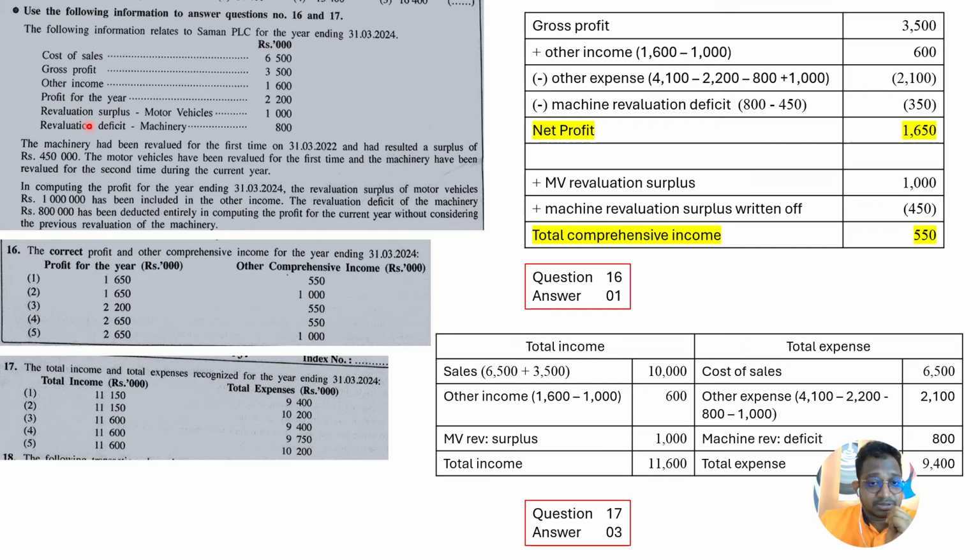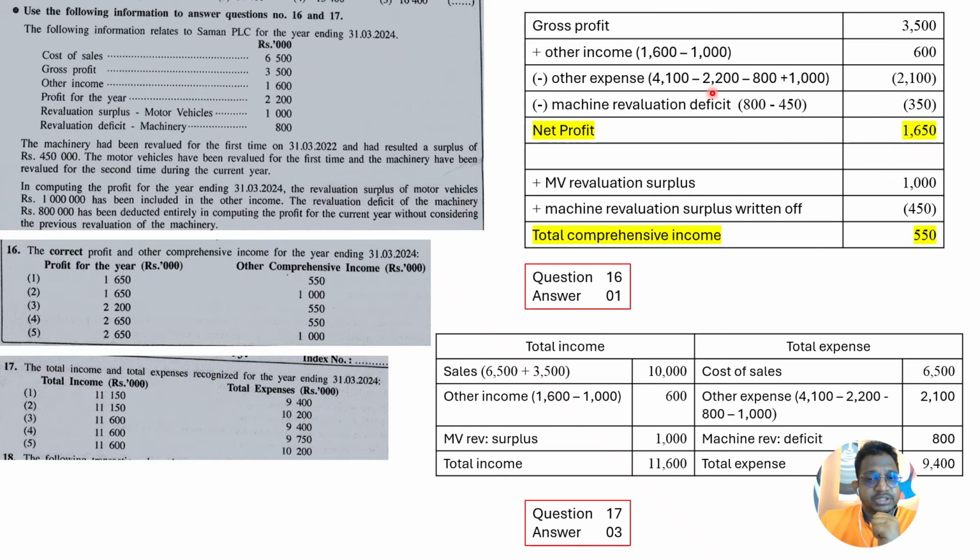Yeah. Other expenses, you have to get the difference of, yeah. Here the profit for the year is given 4,200, and this 4,100 is included by calculating 3,500 and 600. So 3,500 and other income 600, your total is 4,100, and the profit for the year is 2,200.